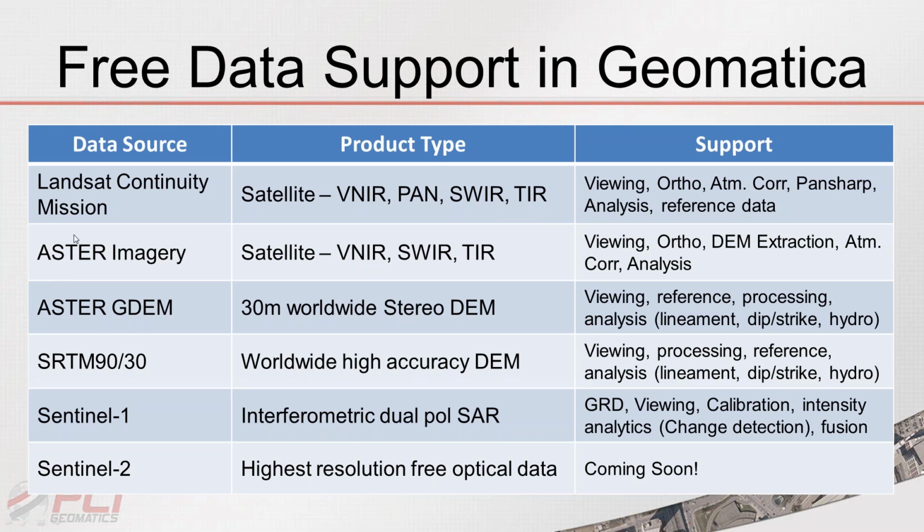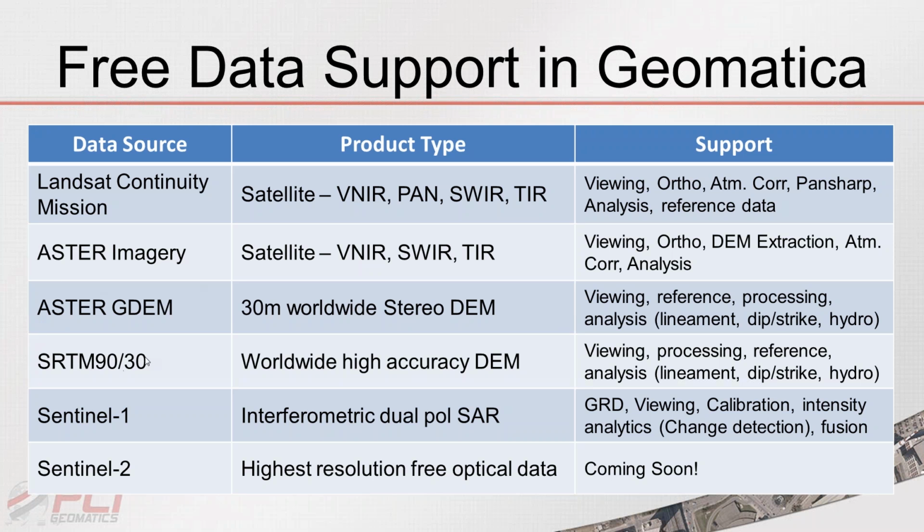We have Astro imagery, whose availability may no longer be as free as it once was, but we still have a complete level of support for it, and it's a very important data source for a variety of mining and large-scale applications of those sorts. There's also the freely available Astro GDEM, which is a worldwide 30-meter digital elevation model, and this, of course, is fully supported within Geomatica.